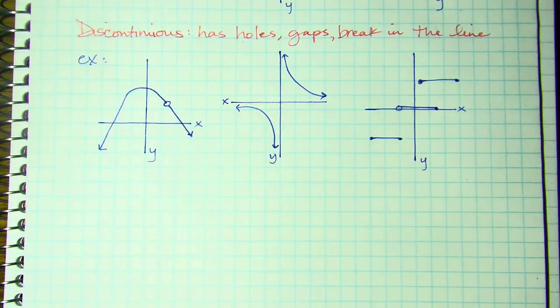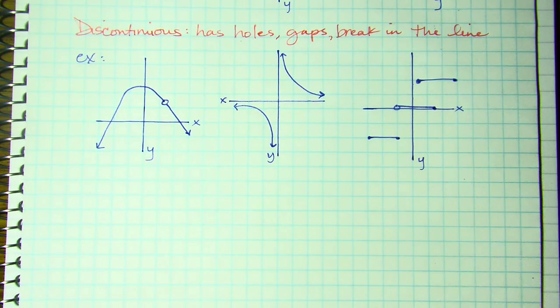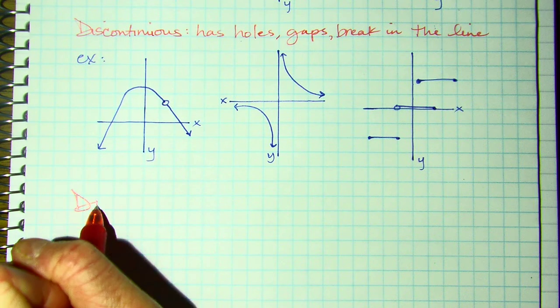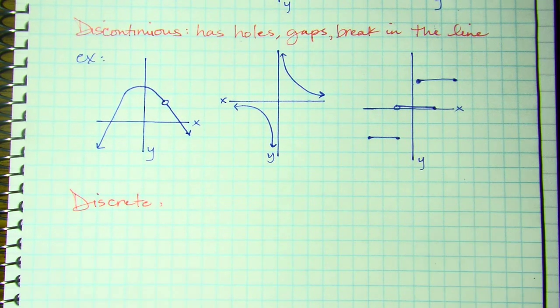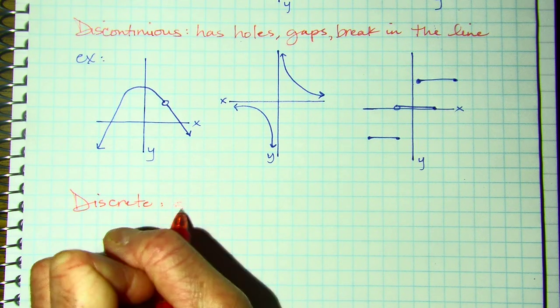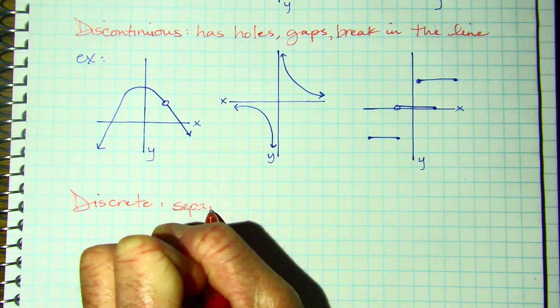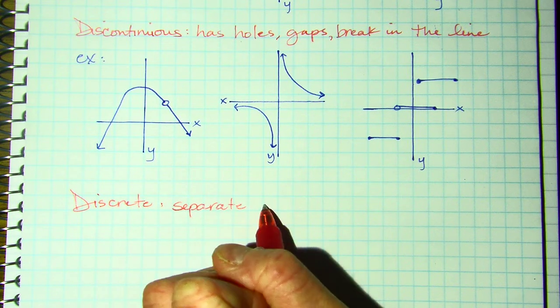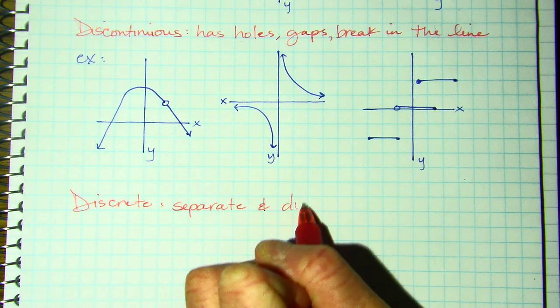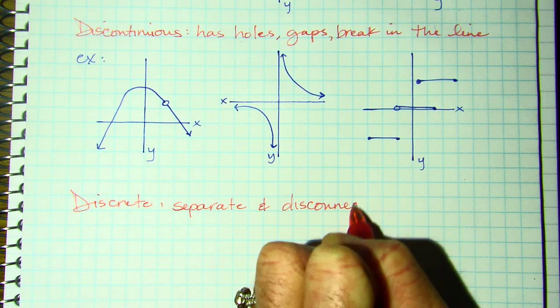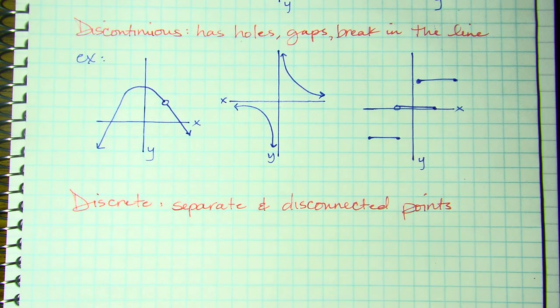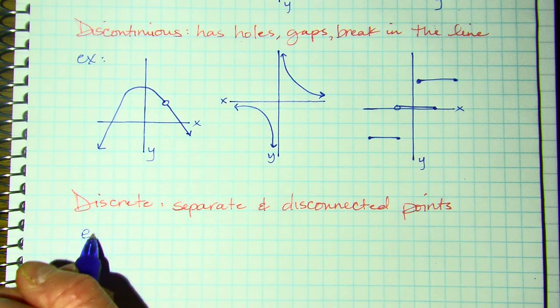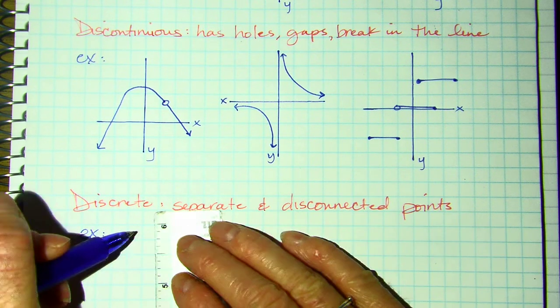Okay? Now, the last vocabulary is the word discrete. So a discrete function is where you have separate and disconnected points, meaning they're not connected. I'm only going to do one example because I can do two, but it's pretty clear.